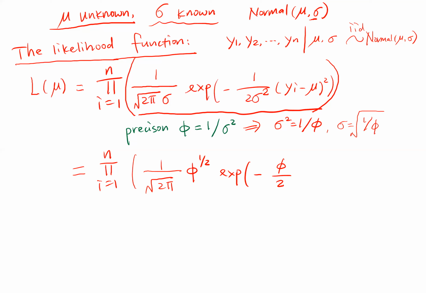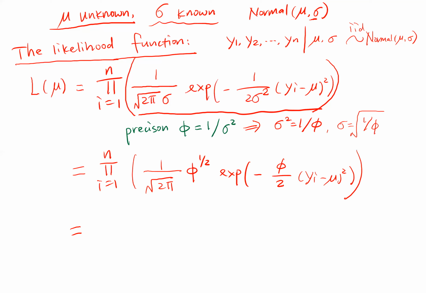Good, so everything else stays the same, and we simply replace the standard deviation with the precision. The one last step that I will do for you, which will complete the likelihood function, is expand the product term.